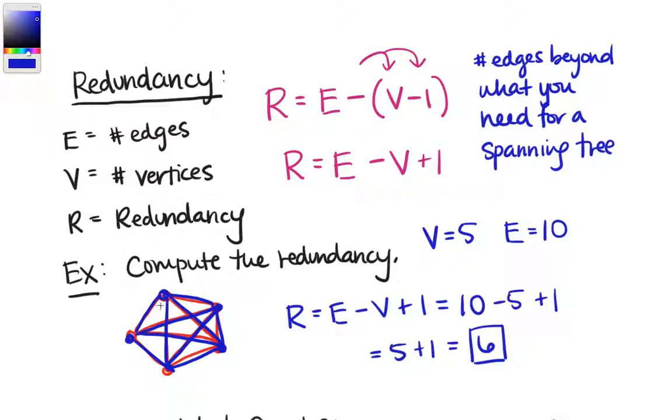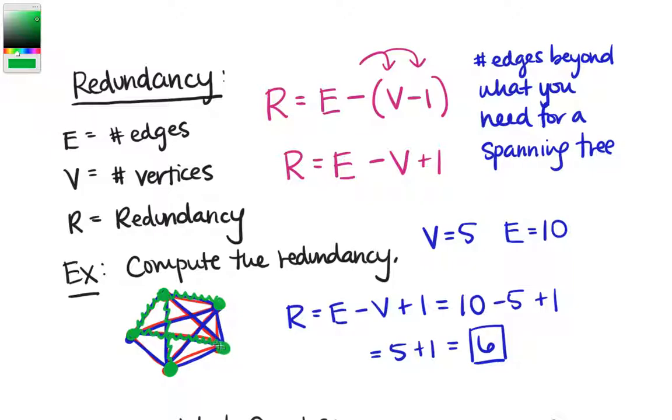So for instance, in this complete graph down below, well, let's pick a spanning tree. So we could use this one, we could use this edge, we could use this edge, and we need to hit this vertex down in the bottom right still, and there's any number of edges we could use.